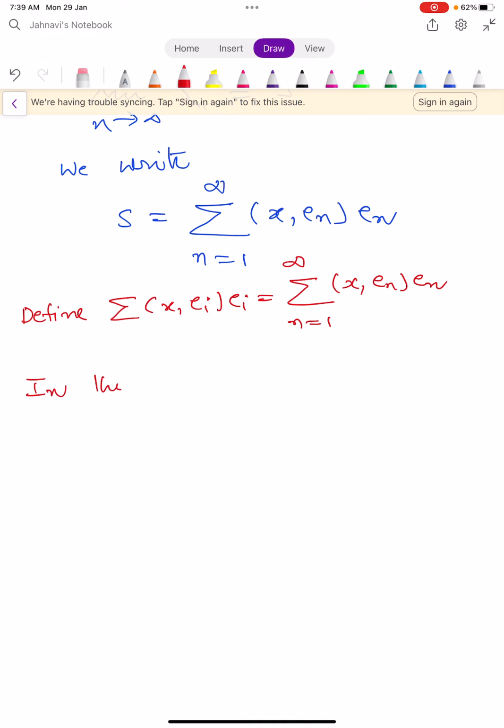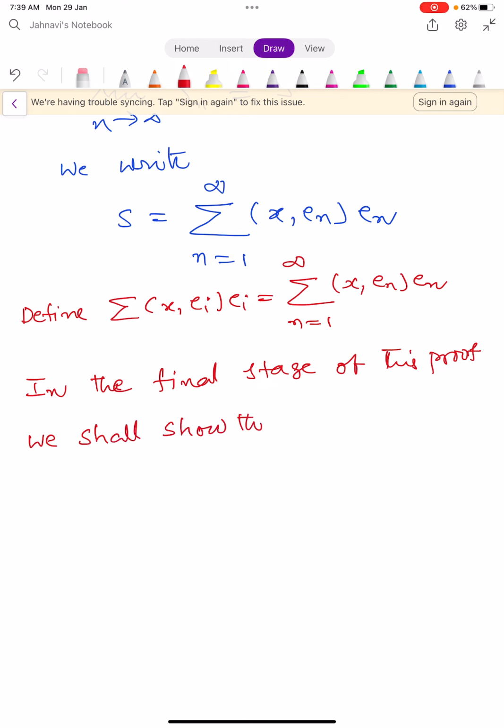In the final stage of this proof, we shall show that this sum is well defined. What we define here is well defined.